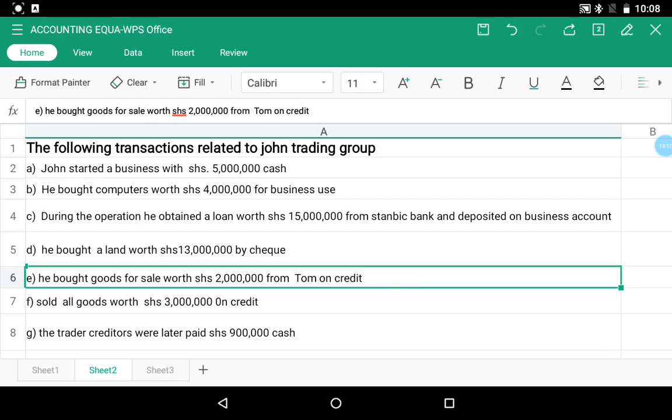That means here he received inventory, or things to sell. Some call them stock, others call them inventory. So he bought goods. So we are going to come here under working.